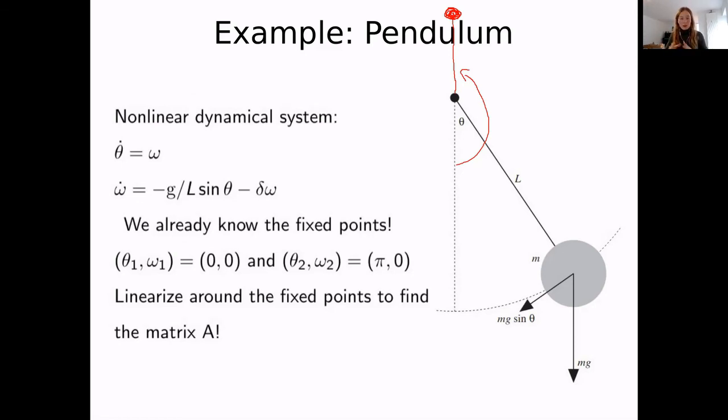And we compute the Jacobian for both fixed points, so for (0, 0) and for (pi, 0). And then we plug the fixed points in the Jacobian, and then we get two matrices, so two linearizations around the first fixed point and the second fixed point.